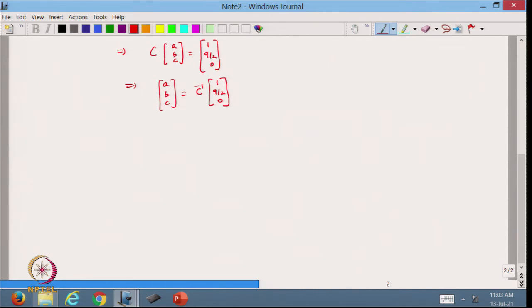If we solve this, we will easily get that A is 8, B is minus 7 by 4 and C is 21 by 4.